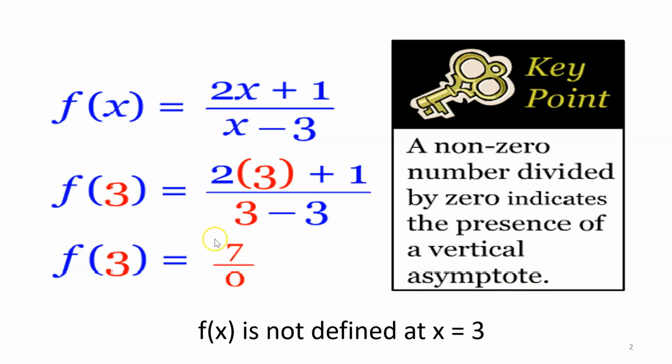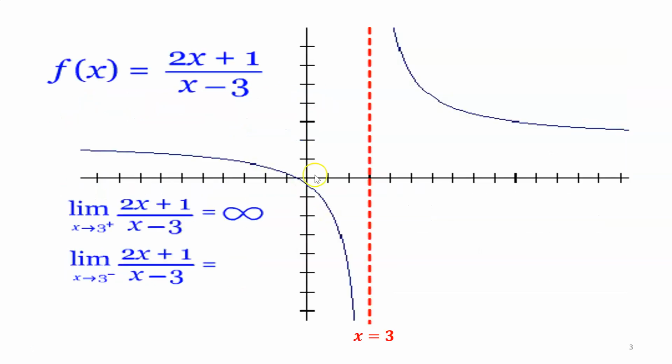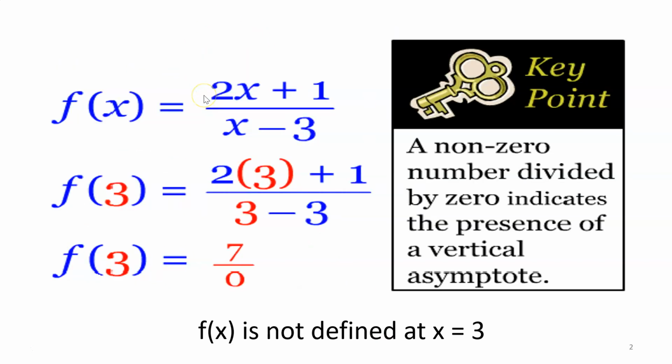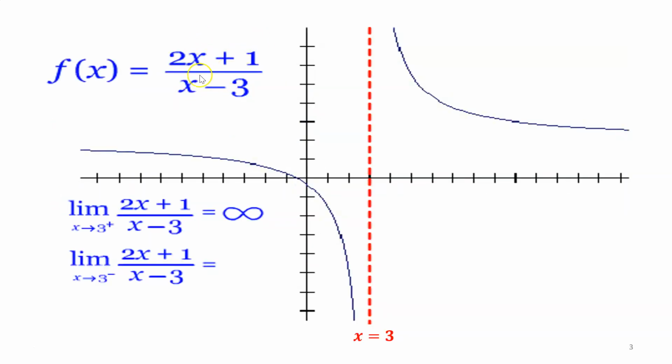Okay, so when you have a function, you substitute a value, then you get something over 0, or the denominator is 0. Then this indicates the presence of a vertical asymptote. Apa tu asymptote? Nanti kita akan tengok. So for example, this is the previous function you have.